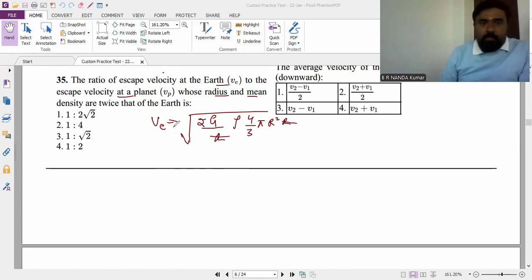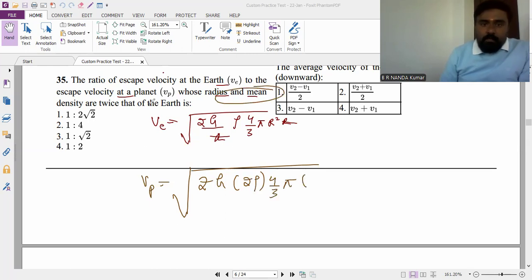This is the escape velocity of Earth. The escape velocity of the planet is root 2 G, density is twice, 2 rho into 4 by 3 pi, and radius is twice, so 4 R square.